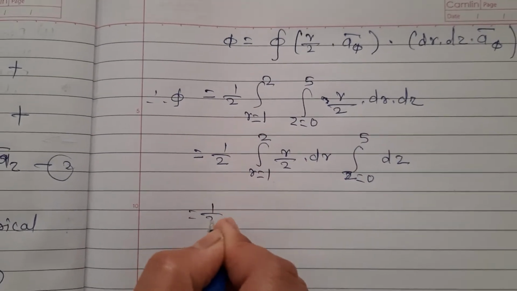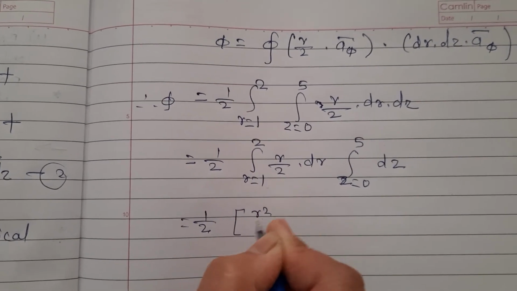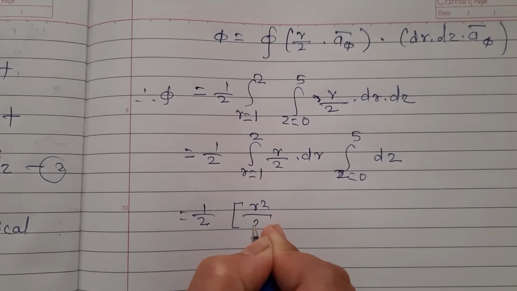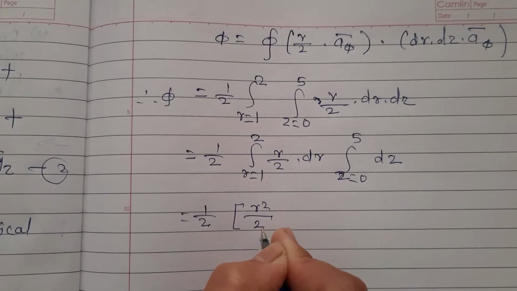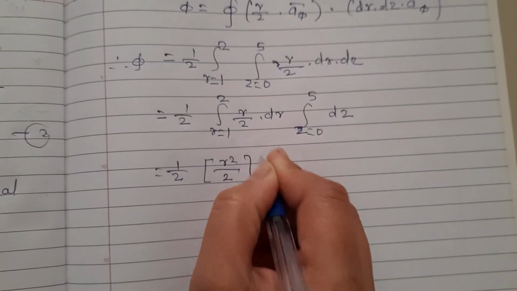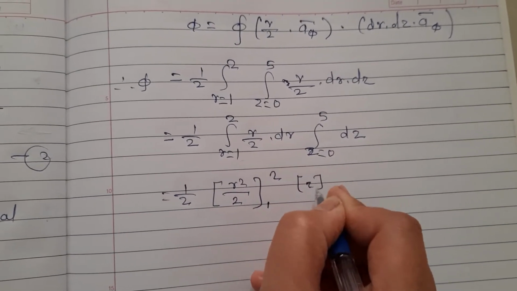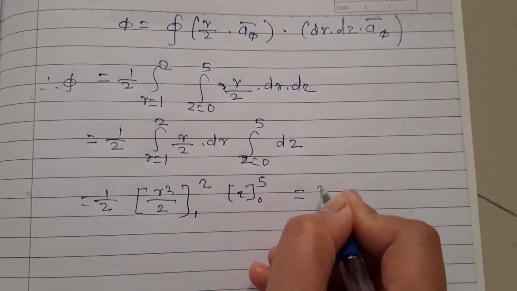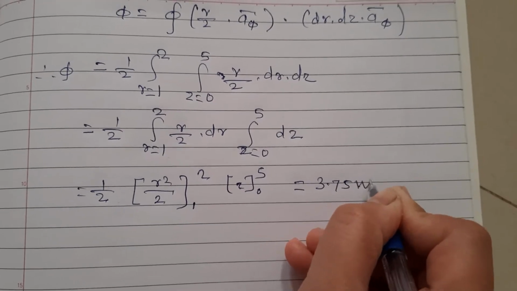So it is 1 by 2 r square by 2, so it is 3.75. This is the answer.